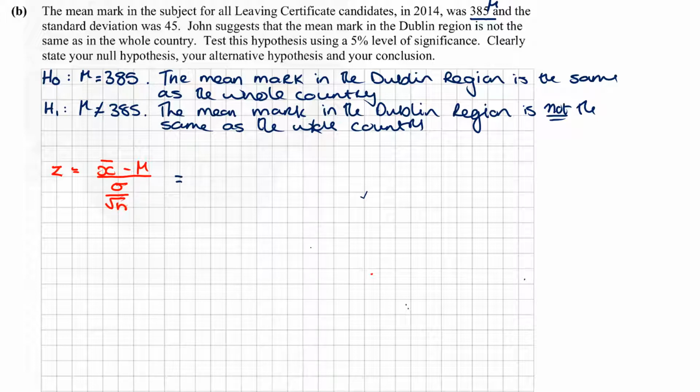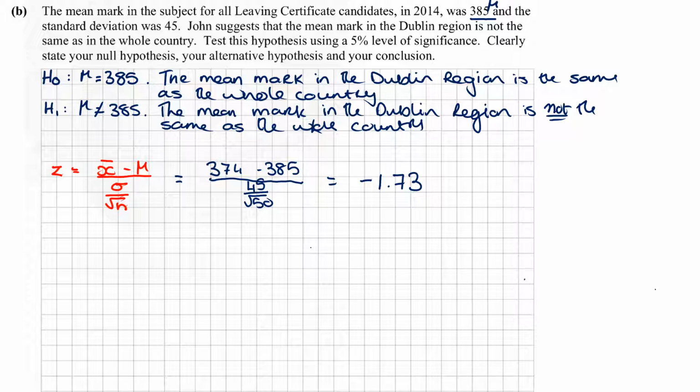And for us, that's going to work out as, so our x bar from the previous part was 374 minus 385, standard deviation is 45 all over root 50. So that works out as minus 1.73. So that's our z-score, minus 1.73.